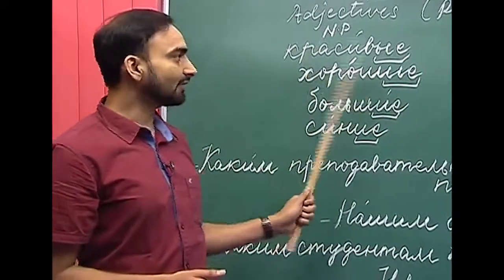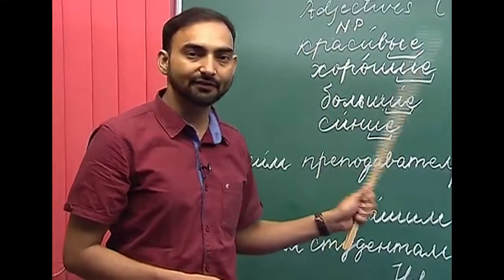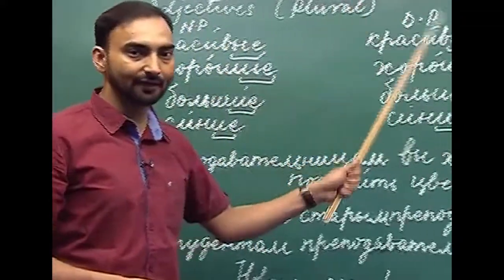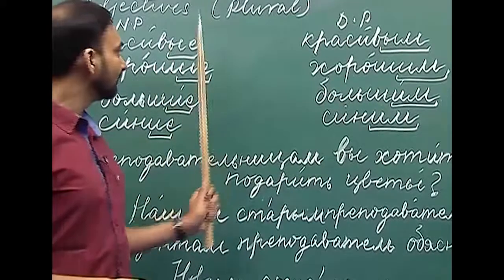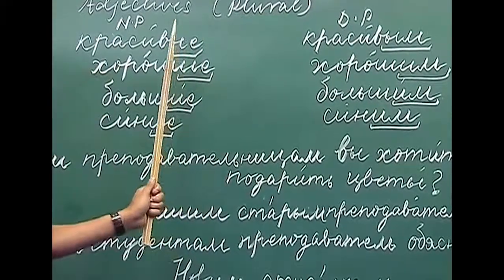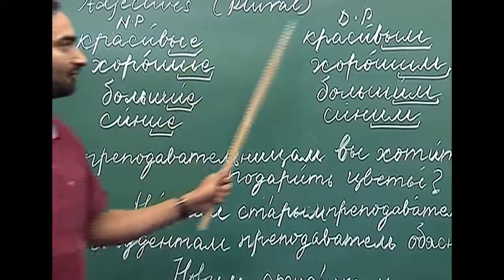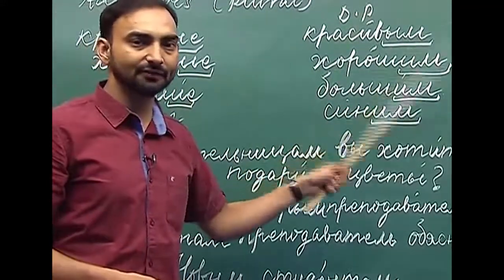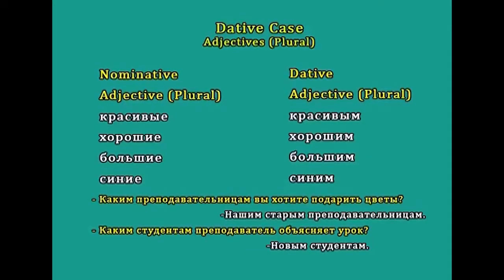The first adjective I have written here is krasivye, which is beautiful. How do we use krasivye in the dative case? We simply replace the last letter, which is ye here, with m. Krasivye, krasivim. Kharoshye, kharoshim.